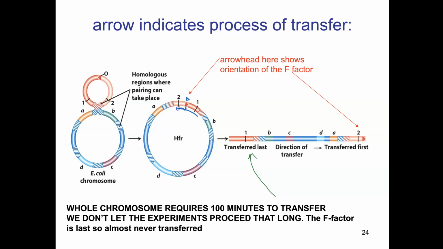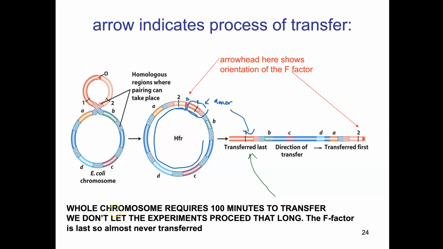And so all of these genes are going to be transferred before this part here. This is the part that's required to be a donor, and it is transferred last.